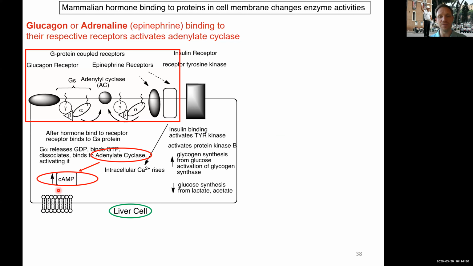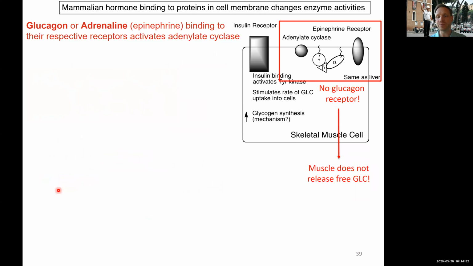That's one. If we now look at our receptors in the muscle cell, we do have our adrenaline receptors. That makes a lot of sense, right? In a flight or fight situation, you want your muscle to be able to do glycolysis and generate biochemical energy so you can run away or do whatever you have to do.